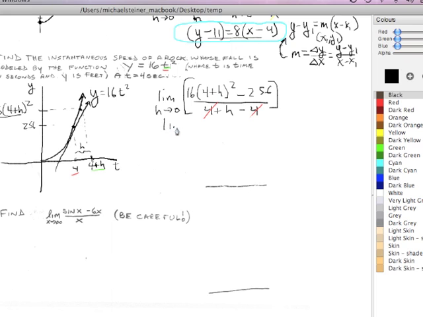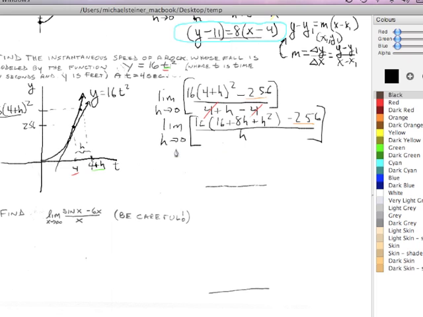So we have the limit as h goes to 0 of 16 times, let's FOIL 4 plus h. That's 16 plus 8h plus h squared, minus 256. I just copied that minus 256 down after foiling. And this is all over h.